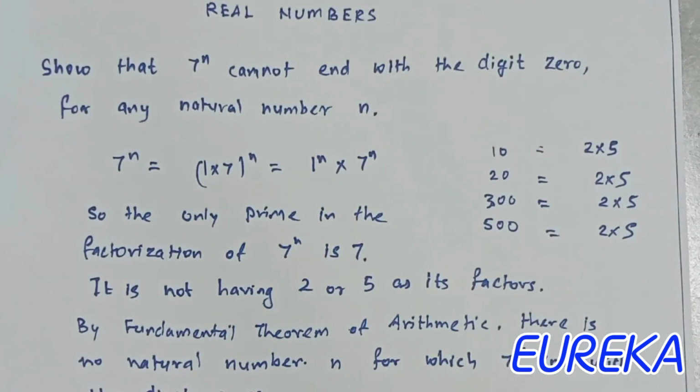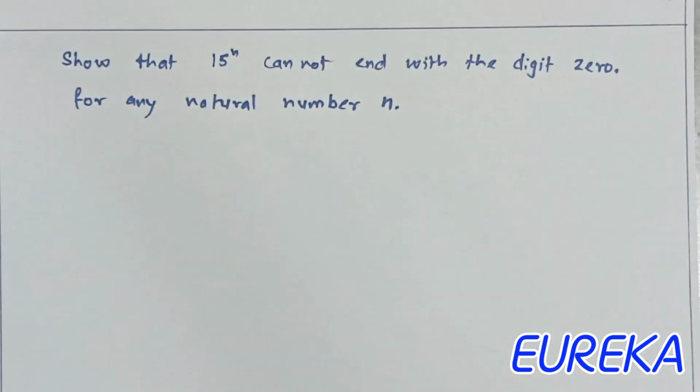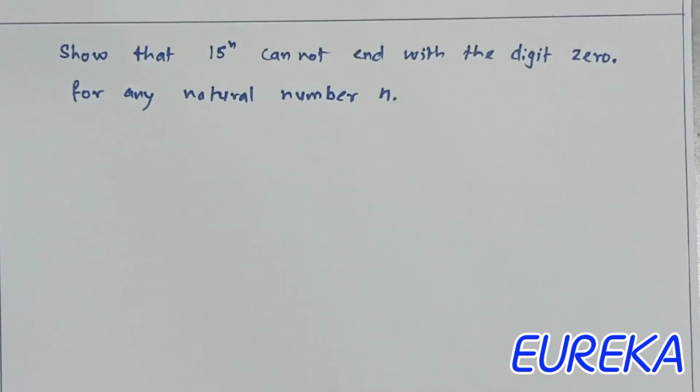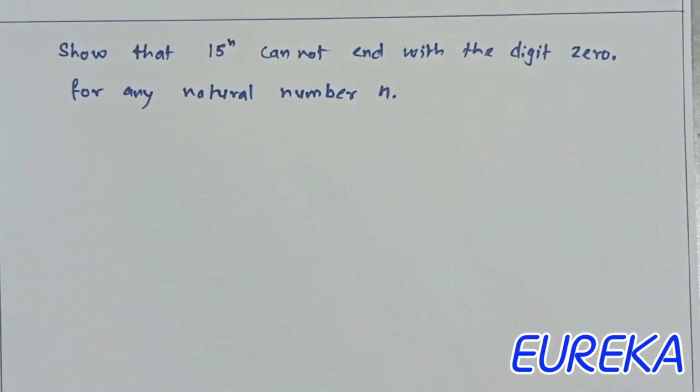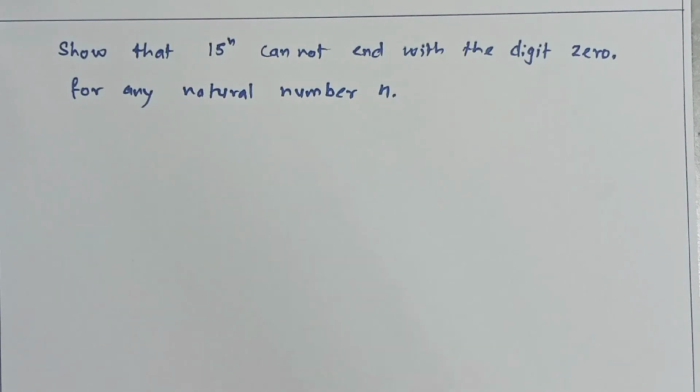Nothing will change other than the number at the base. We had 7 in the previous question and 15 in this one, and it can be anything, but one thing is sure, that it will not have 2 and 5 both as prime factors. So let's solve this.